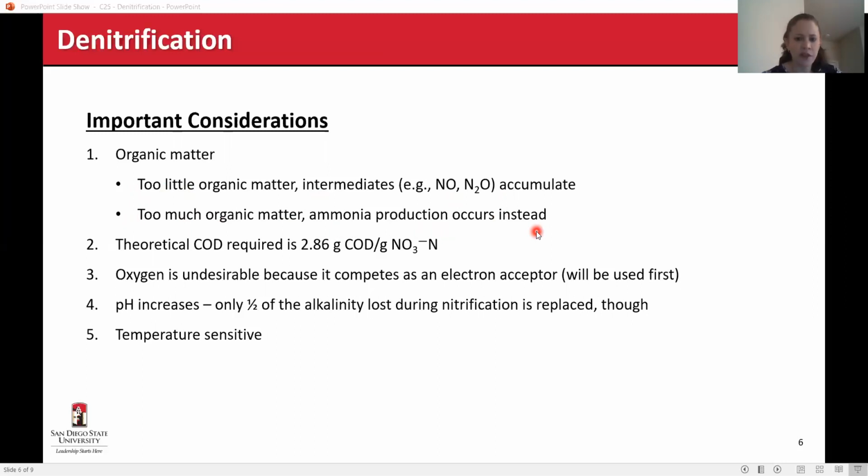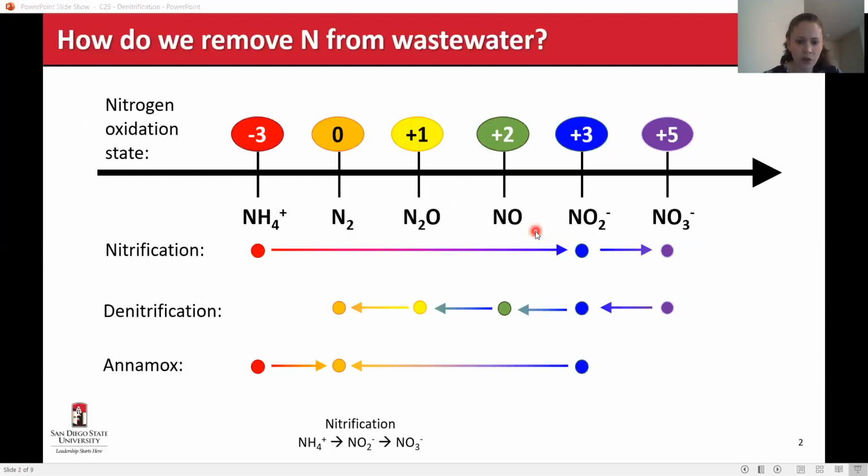And so why that's a bad thing, if we go back to our nitrogen oxidation state, during denitrification we're going towards the left, so from right to left down this oxidation state axis here. So we start with the more oxidized and go down towards the more reduced. And the problem is, if we have too much organic matter, we end up producing this ammonium. And notice there's nothing to the left of that ammonium, so there's nowhere for that to go.